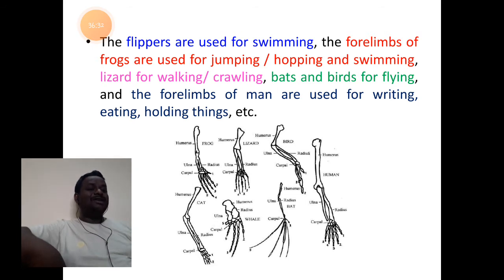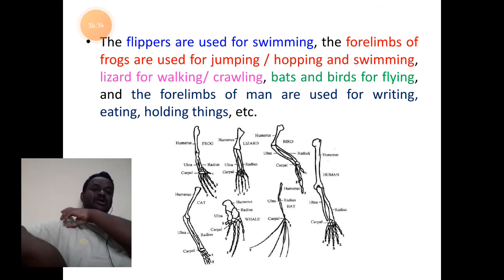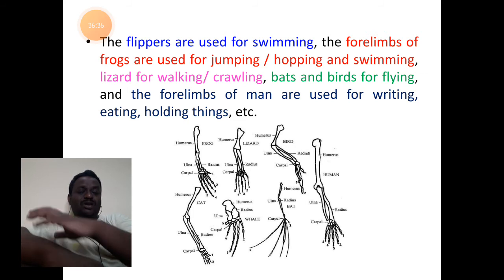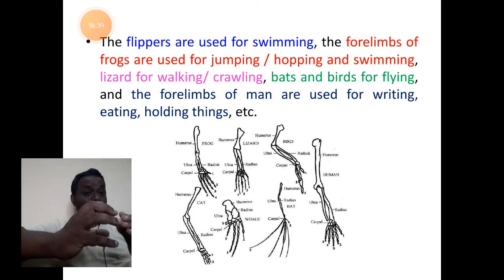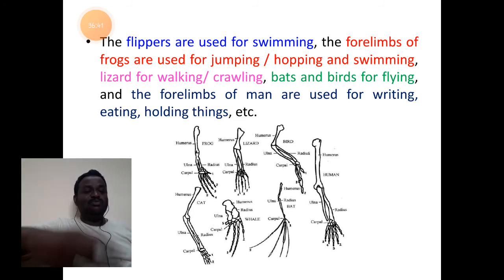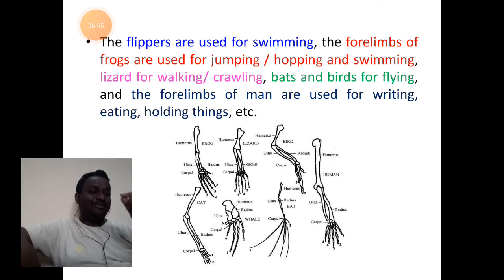Morphologically, the structures are different. But when you remove the external structures, leaving only the bone part, the bones of the forelimbs of all these vertebrate classes resemble each other.